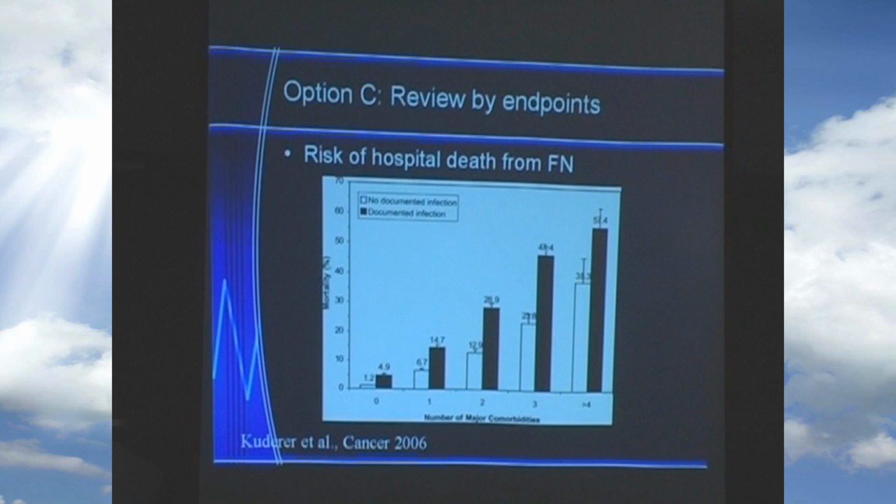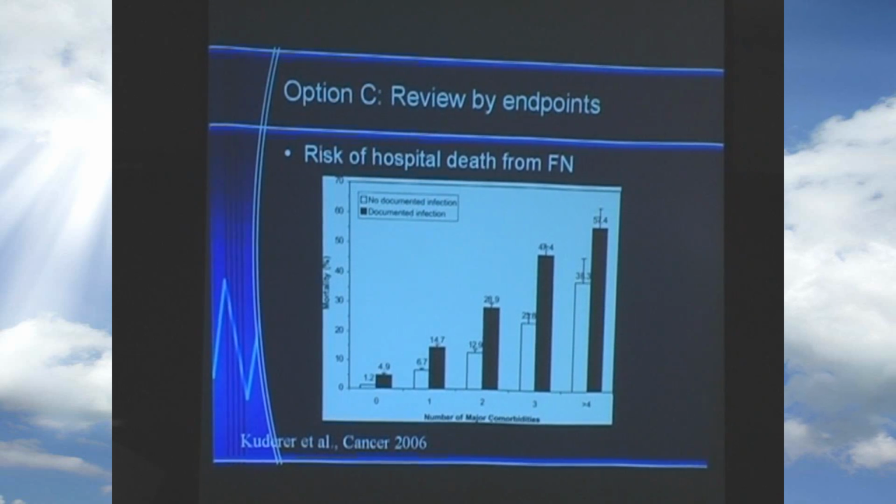Option C is to go back to your chart reviews, cohort, population, and things like that, and see what happens. So this is a series from Rochester, New York, and they looked at patients who had febrile neutropenia or infections after their chemo, and they looked at the number of major comorbidities they had.